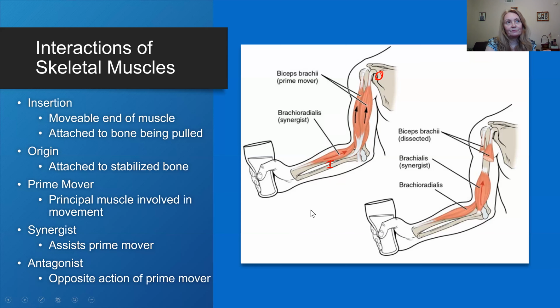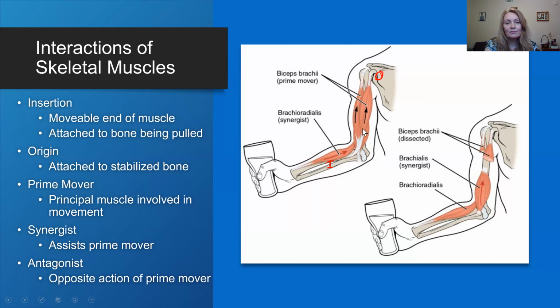Also, we can classify muscles as prime movers, or agonists, then synergists, this is the one that will assist the prime mover, and antagonists, that would be muscles that oppose the action of the prime mover. So let's take an example, biceps brachii. So biceps brachii can flex your elbow joint, right?